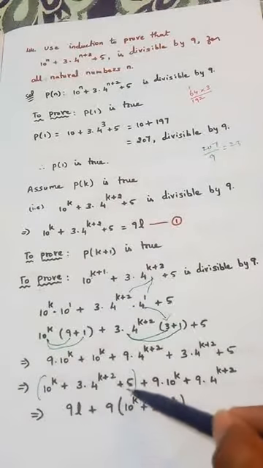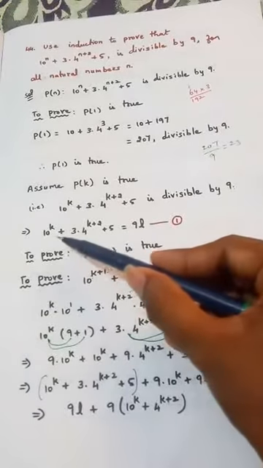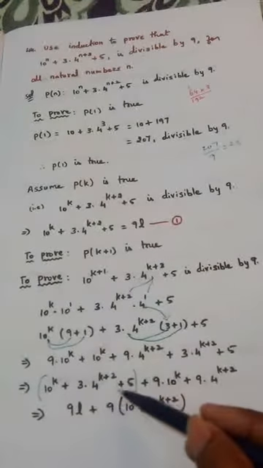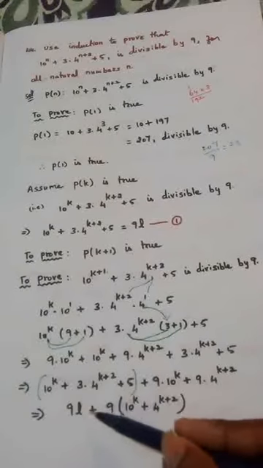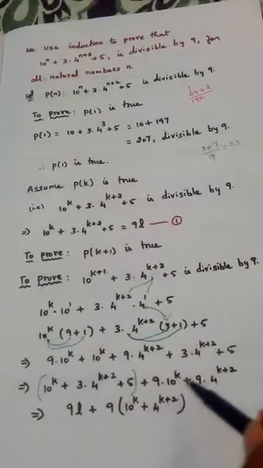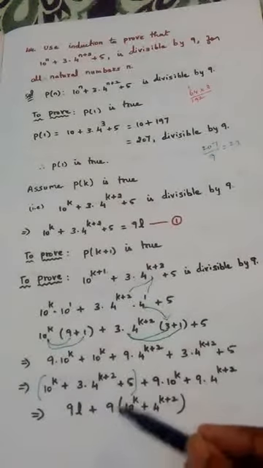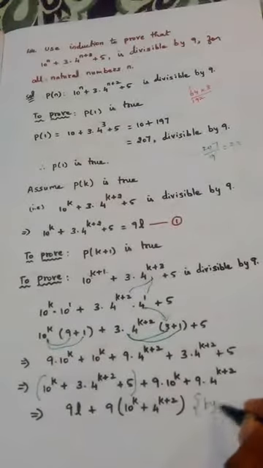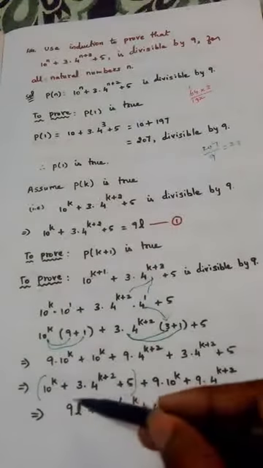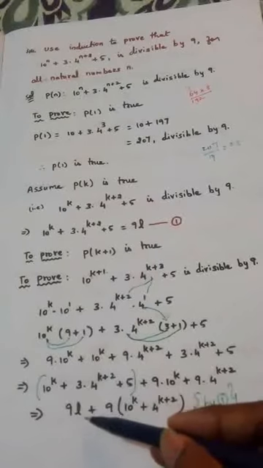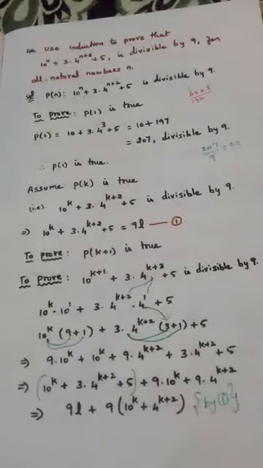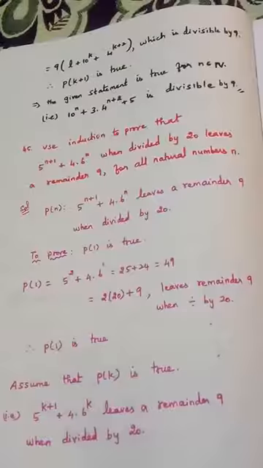Now for these three terms I have this result, which is equal to 9l. So these three terms can be written as 9l plus, out of these two, 9 is common. This comes because of equation 1. By equation 1 we are replacing this by 9l. Now from these two, 9 is common, so I can take that as common outside.